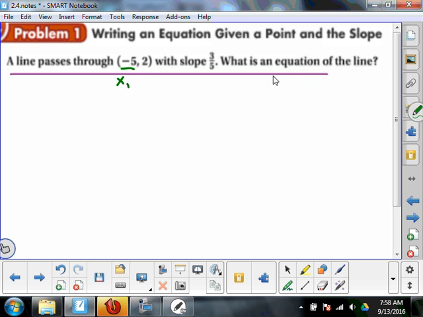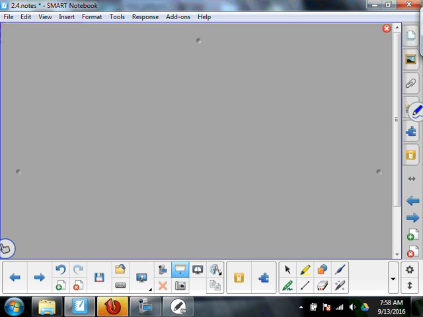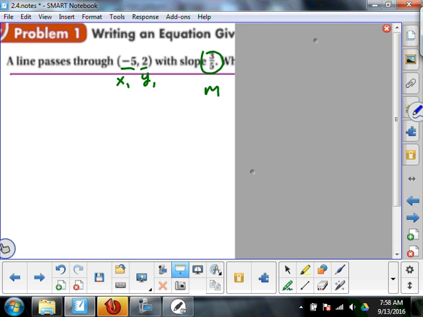And then this 2 is the y sub 1. And the slope, of course, that's our m, right? So if we didn't know point-slope form yet, we're going to pretend like we don't know it. And we're just going to work this problem out using slope-intercept form.